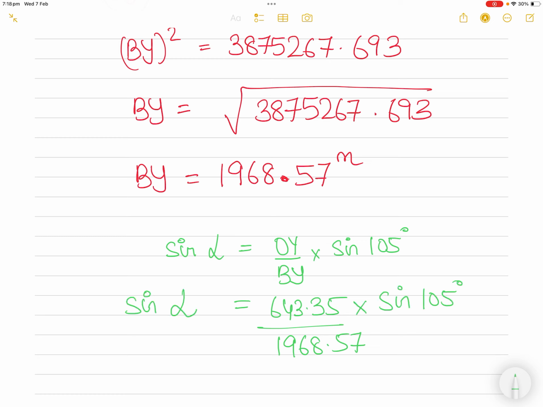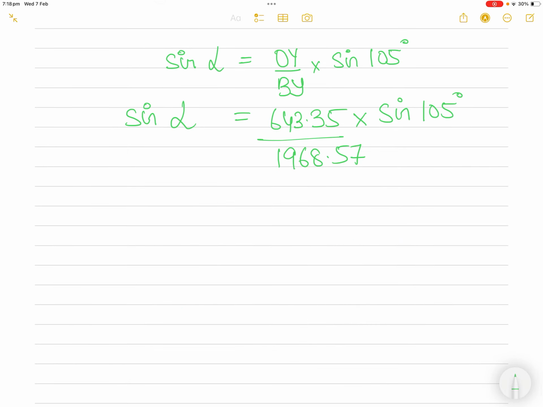This is sine L. What you will get is 643.35 divided by 1968.57, which is 0.32681, multiplied by sine of 105 degrees, which is 0.96593.